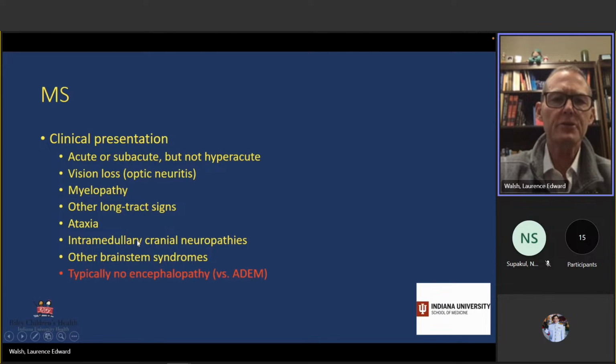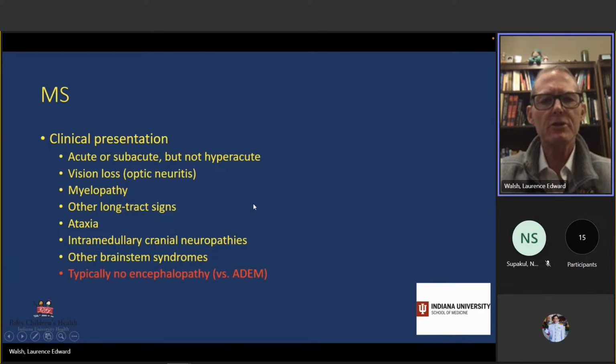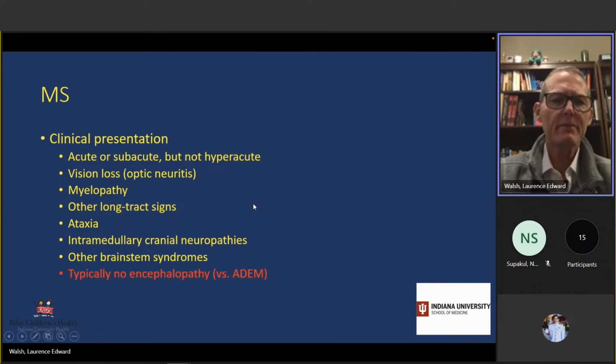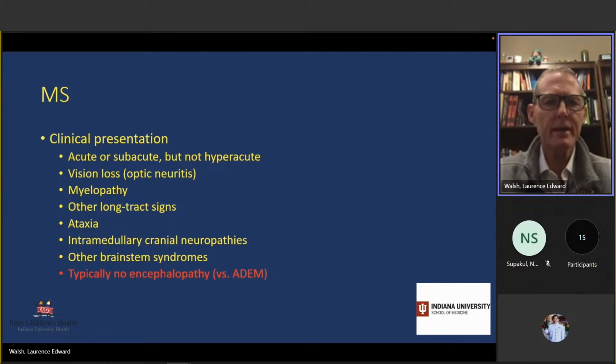The classic brainstem lesion is internuclear ophthalmoplegia, involving the horizontal gaze center and cranial nerves 3 and 6. But you can have anything basically. Typically, again, no encephalopathy, and that's the most important thing to take from this.